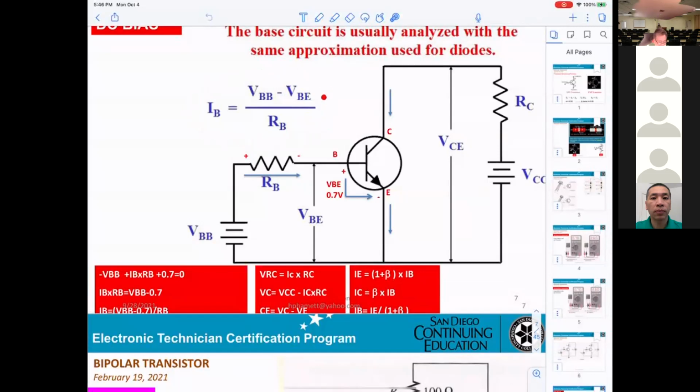In order to calculate the current IB, you use this formula: VBB minus VBE, divided by RB. VBB is whatever they give you, VBE from the base to the emitter is 0.7, and that is the value for RB. That way you can calculate the IB.